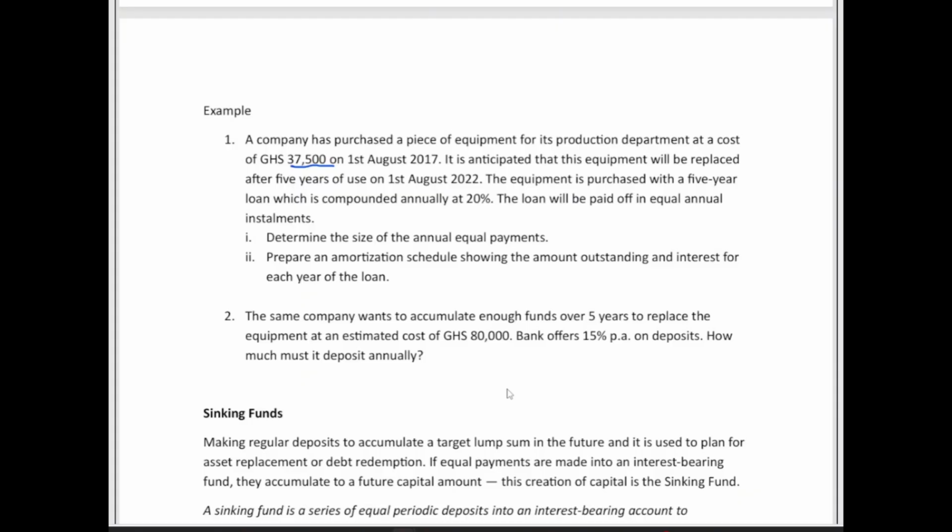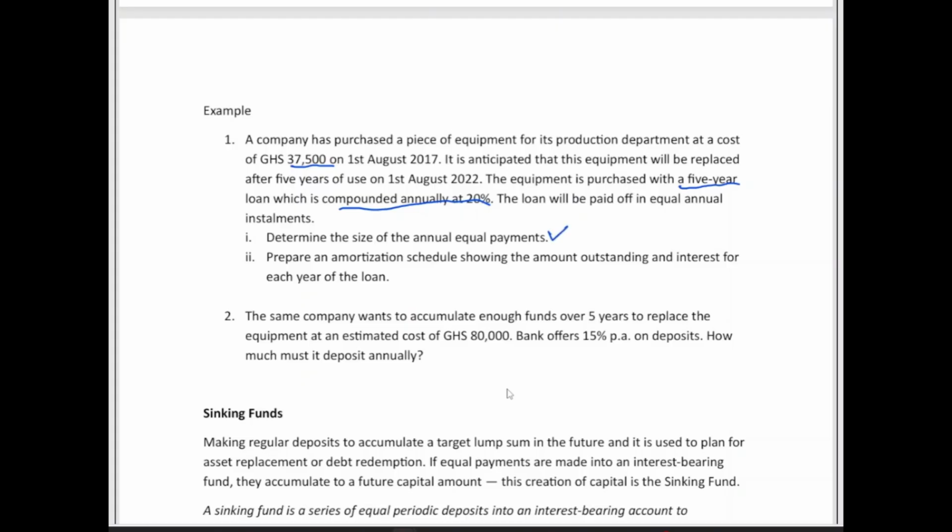The equipment is purchased with a 5-year loan, which is compounded annually at 20%. The loan will be paid off in equal annual installments. So the first requirement is to determine the size of the annual equal payment.